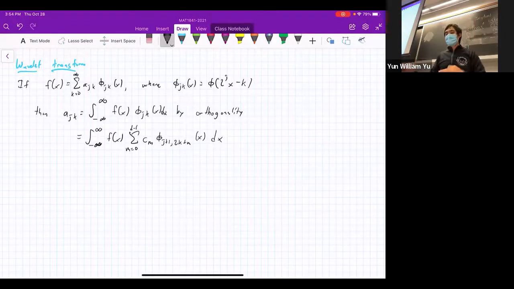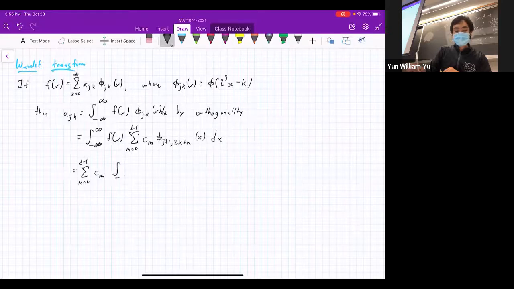So you have this basis scale function, and then you can rewrite it in terms of its coefficients in the next higher resolution. We switch the summation and the integral. So this is the sum over m from 0 to d minus 1 of c_m times the integral from minus infinity to infinity of f of x times phi_{j+1, 2k+m} of x dx.